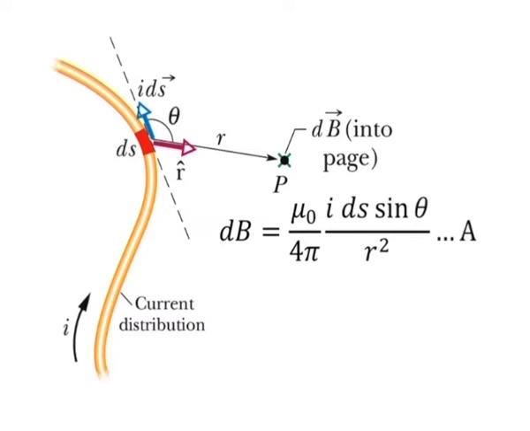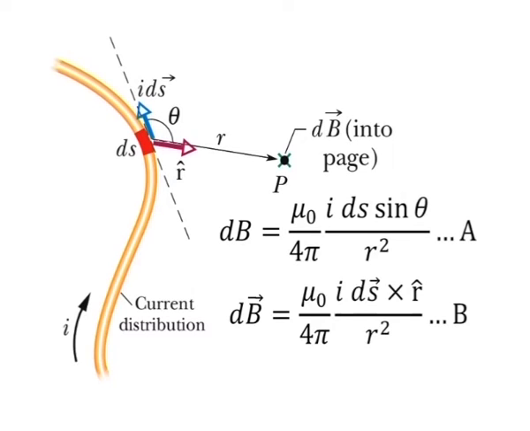The direction of the differential element of magnetic field, shown as being into the page, is that of the cross product of ds and the unit vector r-hat. We can therefore write equation A in vector form as dB equals mu 0 upon 4 pi into I ds cross r-hat divided by r squared.